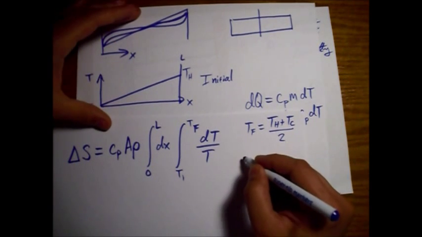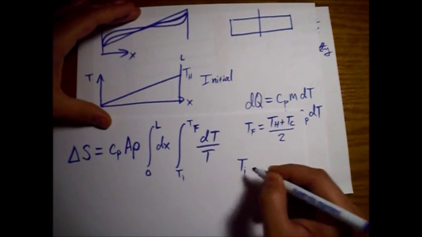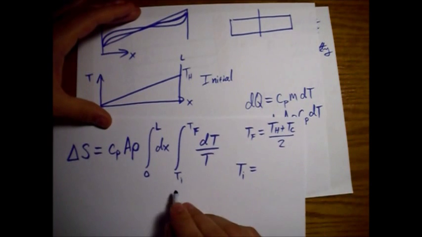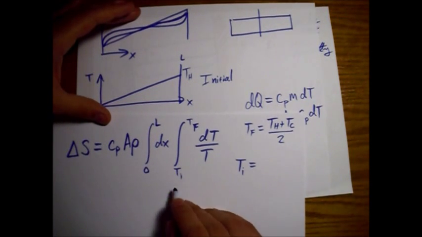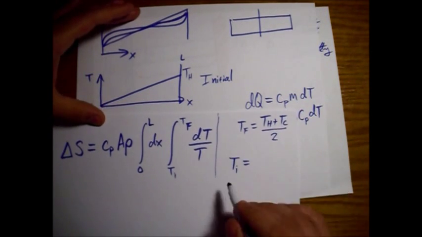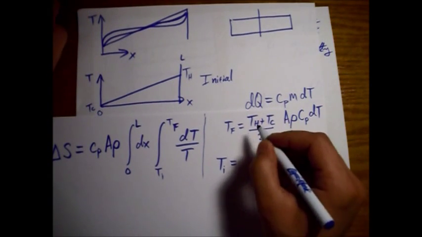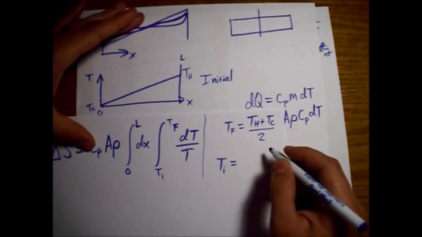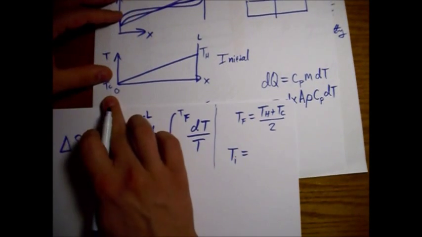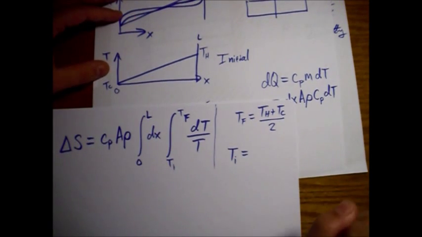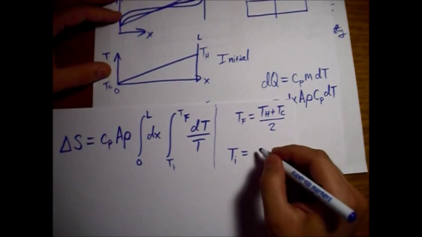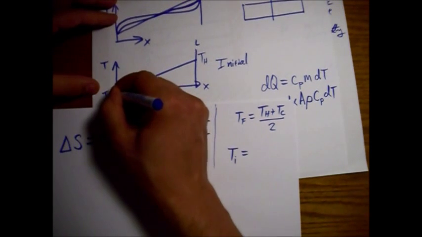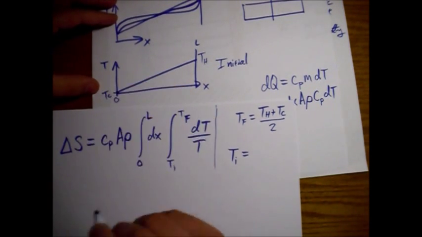So let's write down our initial, this Ti here. Okay, I'll draw a little line right here so we'll keep these separate. All right, and we're starting at TC. I should have made my axes a little bit better.